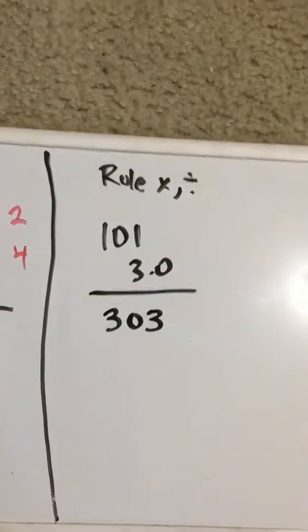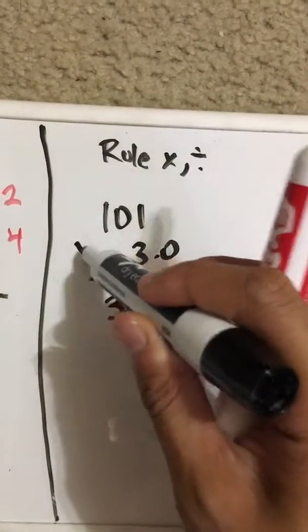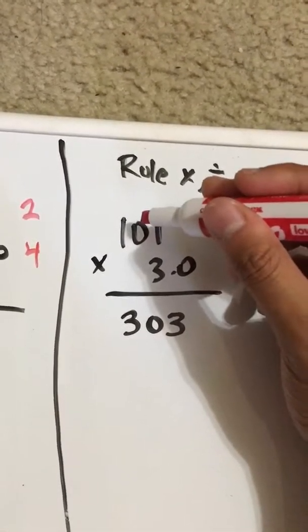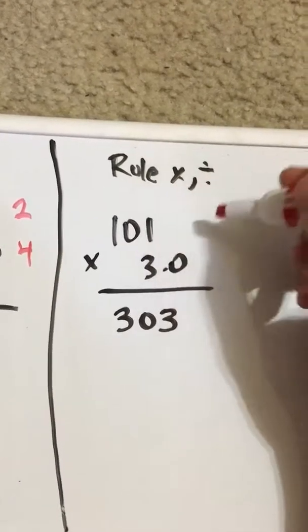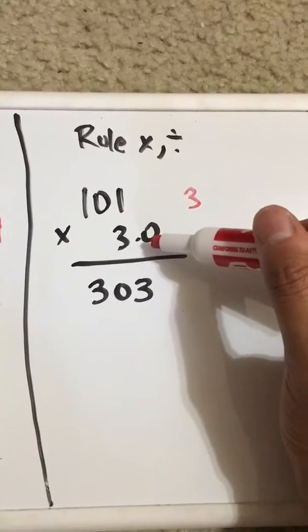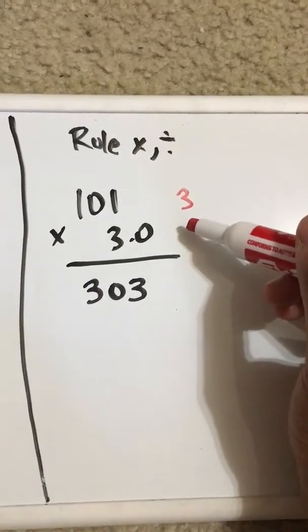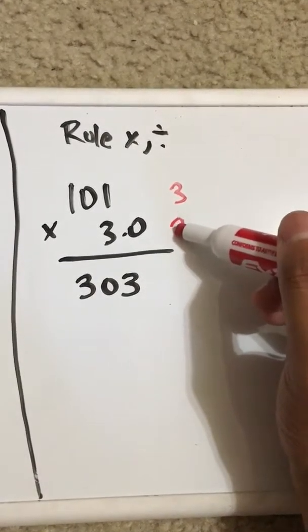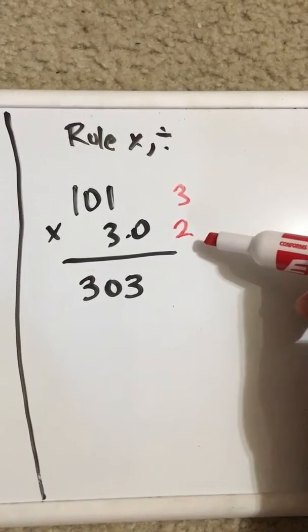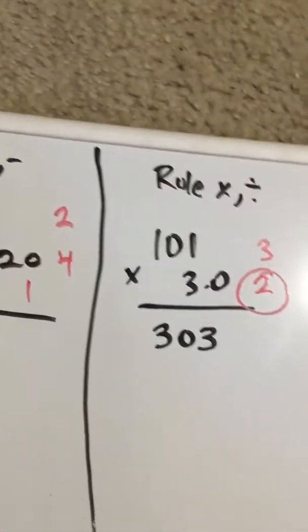Okay, so what are the significant figures for each of these? This one, see the 0 is in between a significant figure and another one. So this one has 3 significant figures. And this one, the 0 is after the decimal point. And that means that there are 2 significant figures. So how many significant figures should our answer be? It should be 2.